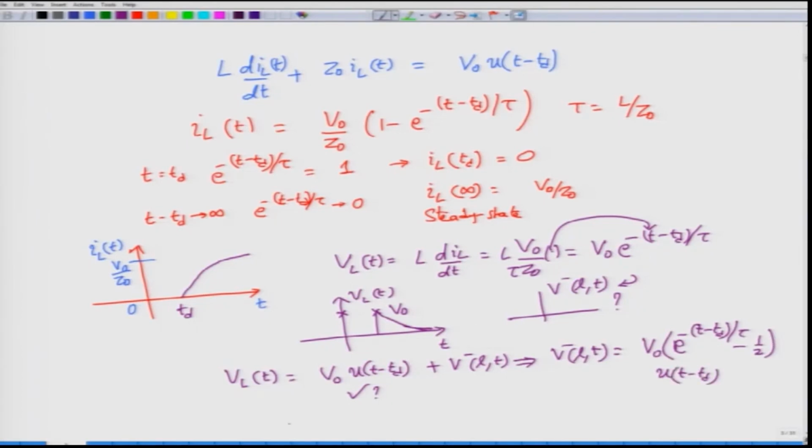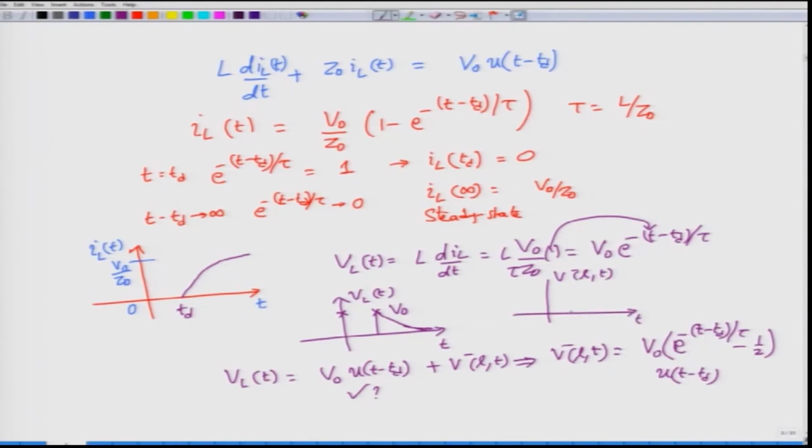So this expression will start at t equal to Td and then go all the way up to infinity. How does that look? We can actually sketch that right here. So this is the reflected voltage at the load.